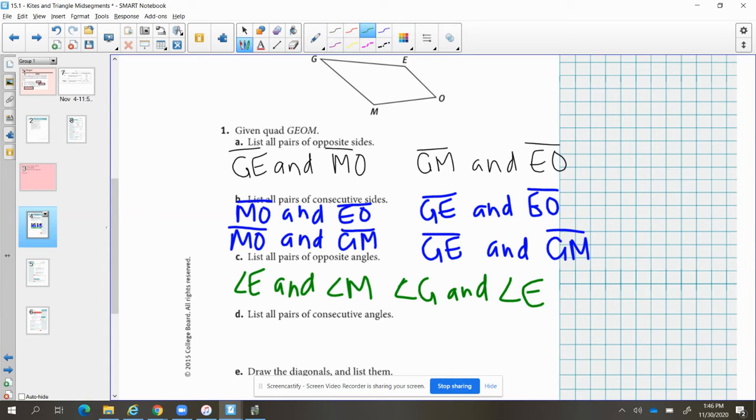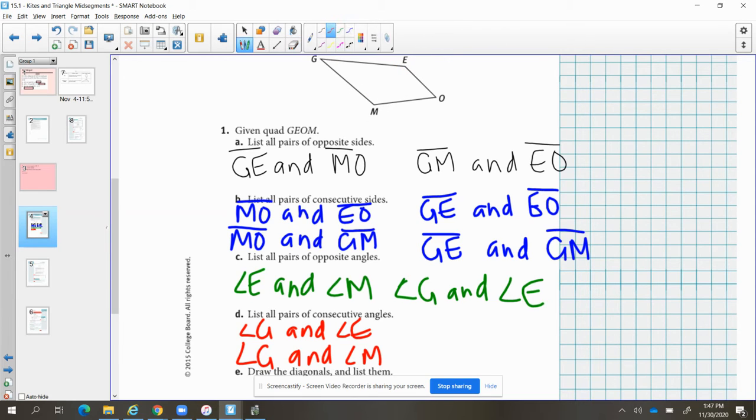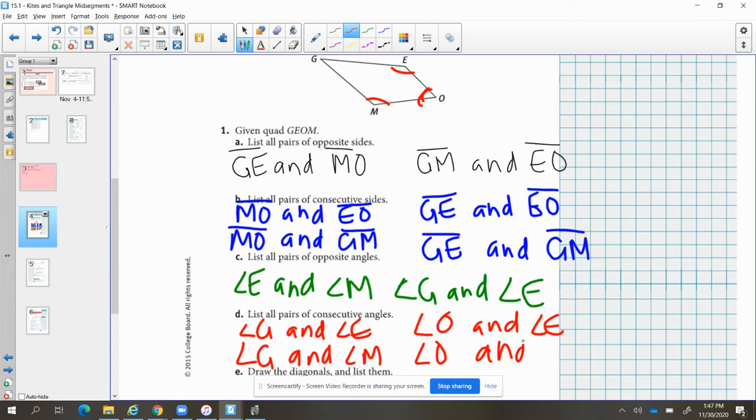Those are the angles that are next to each other. So for instance, angle G and angle E, but also angle G and angle M. And then O is consecutive with angle E as well, and O is consecutive with M since they're next to each other.